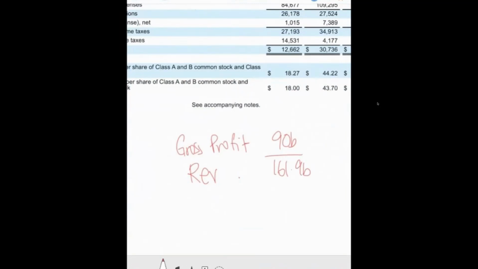Okay, so right now take out your calculator and calculate how much is the gross profit margin for Google, for Alphabet.